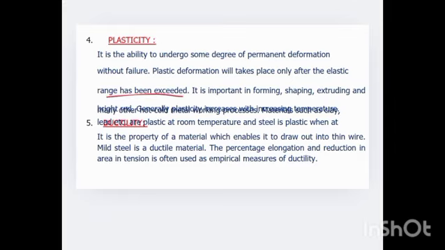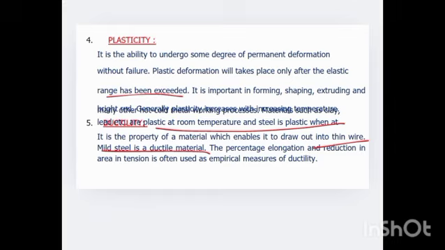Then ductility. Ductility is the ability of a material to be drawn into thin wires. Mild steel is a ductile material. Ductility is measured by percentage elongation and reduction in area during tensile testing.